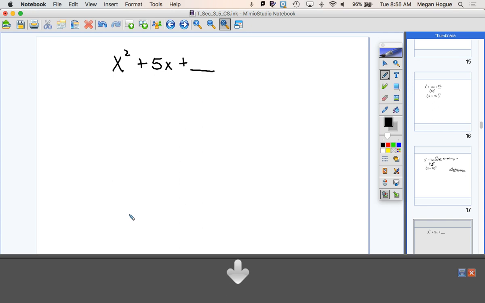But I think we can do this even without a calculator because we know these steps. We're going to take half of 5 and just leave it as 5 over 2 since it doesn't divide nicely. And then we're going to show that we're going to square it. When you square a fraction, you square the top number and you square the bottom number. Well, we can square 5, we can square 2. I can do both of those in my head. It's 25 over 4.